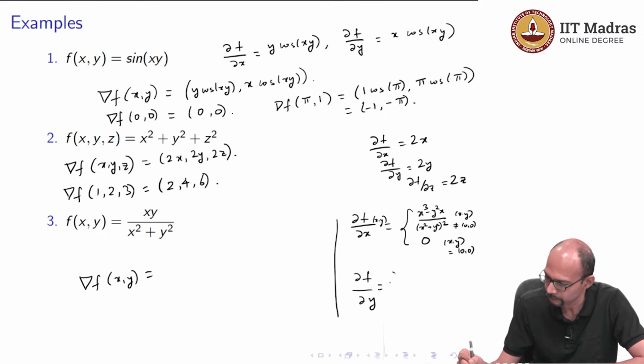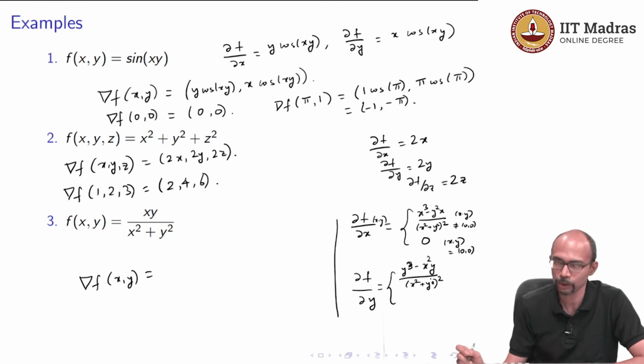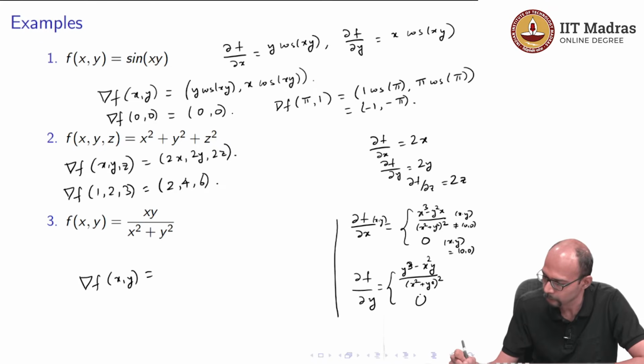And similarly, by symmetry we know what this is: (y cube minus x squared y) by (x squared plus y squared) squared. If you do not remember this or feel uncomfortable with how we got this, please compute this again. This is if it is not (0, 0), and this is if it is (0, 0).